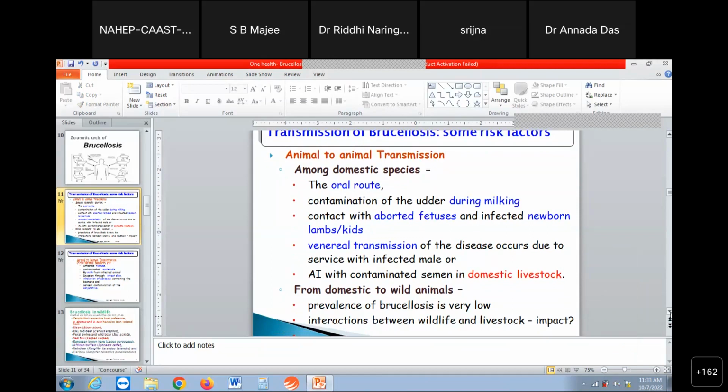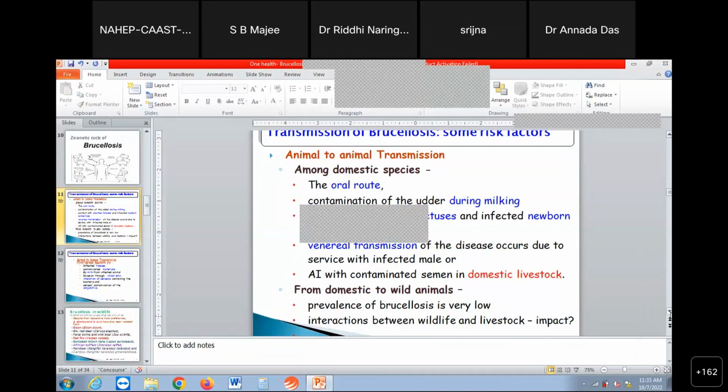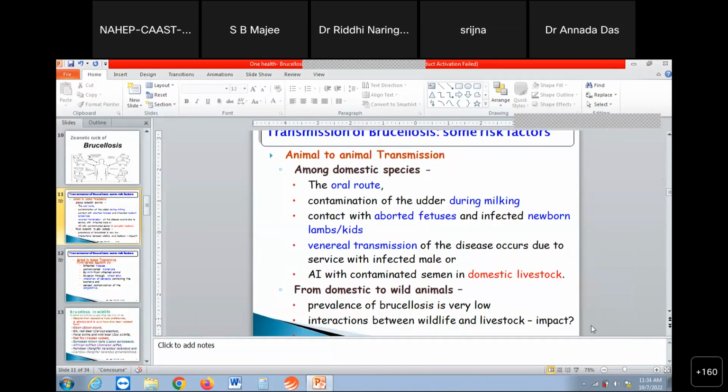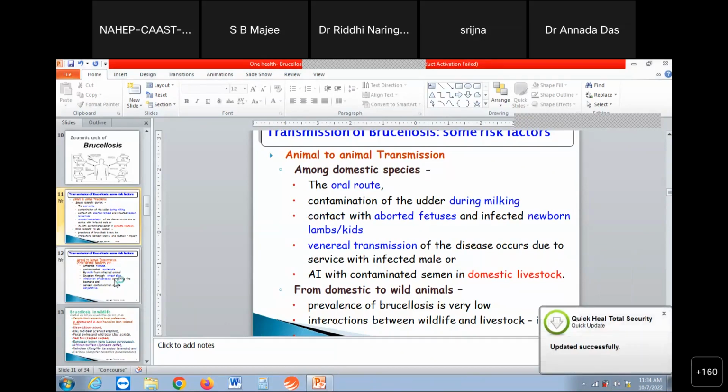Although the prevalence of brucellosis is very low, or we do not have many recorded cases of brucellosis in wild animals, the interactions between wildlife and livestock are very important. And what is their impact? Whether there is an impact at all, we'll see in the coming slides. I will show you what may be the impact of this organism as far as transmission between wildlife is concerned.